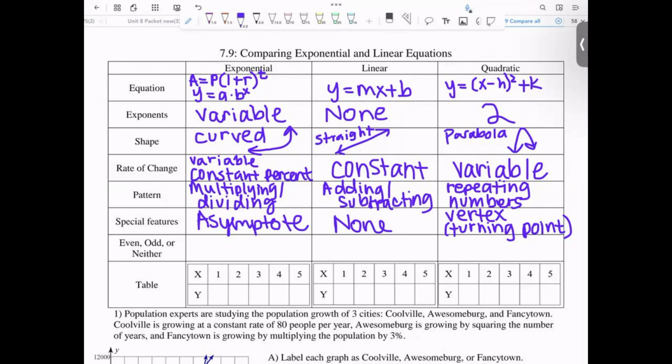All right, so even, odd, or neither. Remember, even means we can flip it over the y-axis and it matches on top of itself. So it is possible for quadratics to be even, as if we just look at y equals x squared before it is moved around the graph.